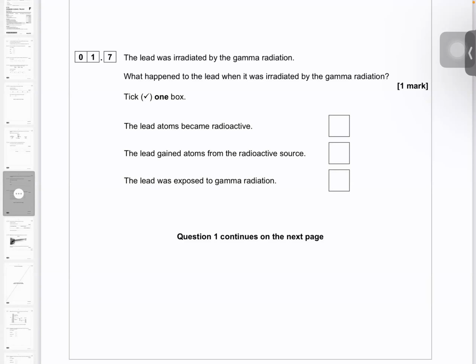The lead gained atoms from the radioactive source. The lead was exposed to gamma radiation. I'll go with the last one. Does the marking scheme agree on that? Yes. Okay.